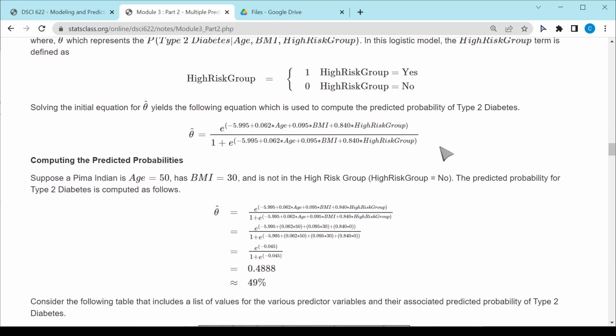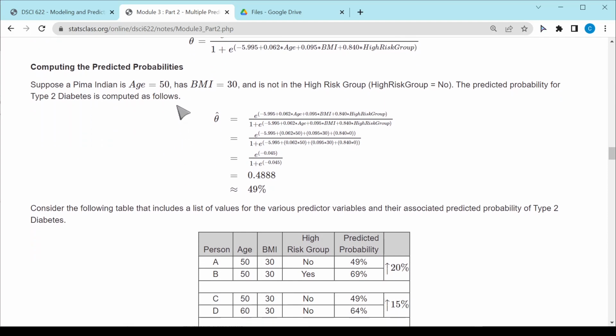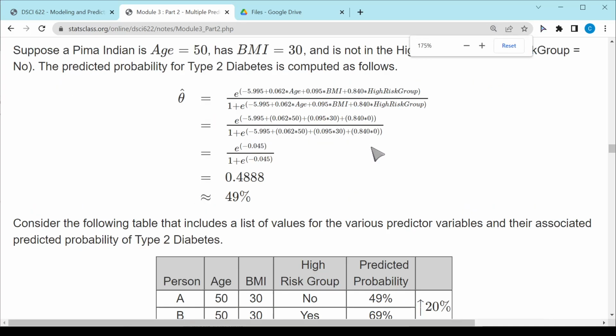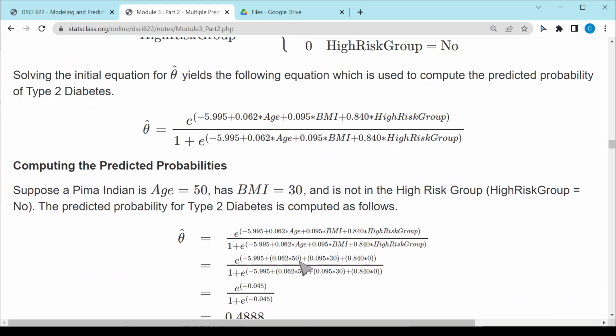Here's the equation for the predictive probabilities. To get a predictive probability, let's just go ahead and do one here as an example. Suppose I have a 50-year-old woman who has a BMI level of 30 and is not in the high-risk group. So what I'm going to do there, let me blow this up a little bit for you, is just plug in 50 into this equation for her age.